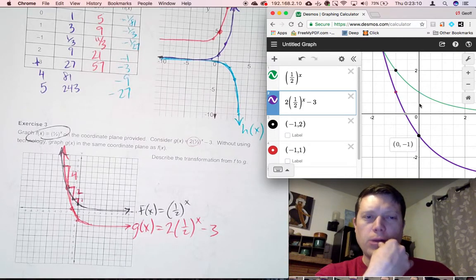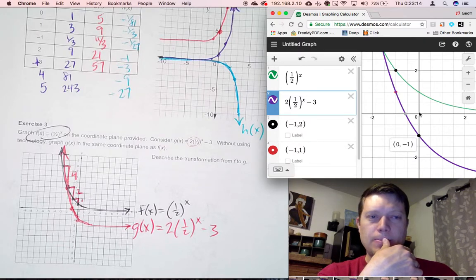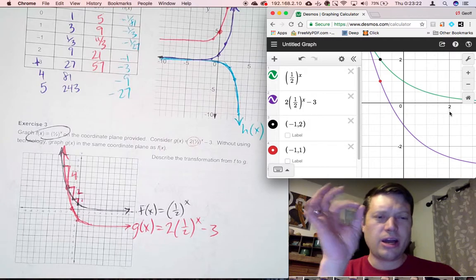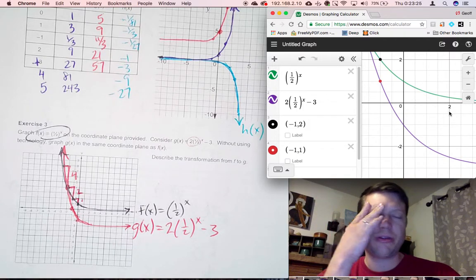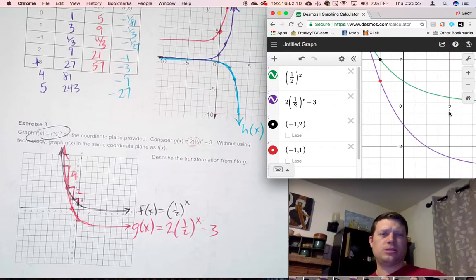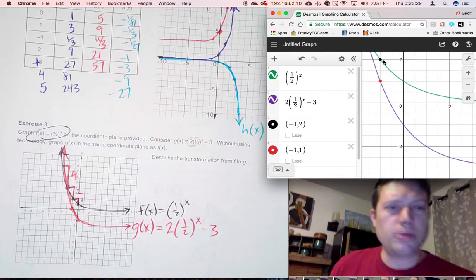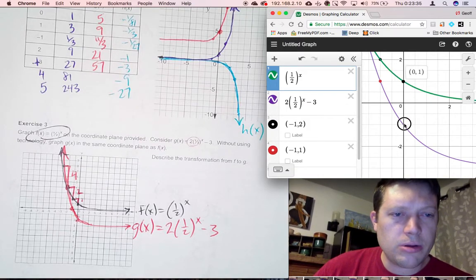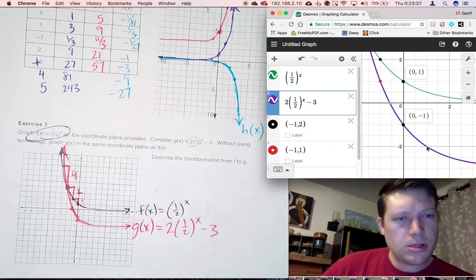What I'm having a problem with right now, just being honest, is that we shifted from 0 down to 3. Not every point is shifted down 3 spaces. For example, this point is only shifted down 1 space. This point is shifted down 2 spaces.